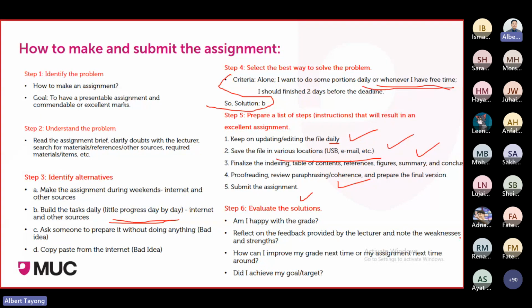USB, for example, it might become wet or it might be lost and you cannot retrieve the file. So when I was studying, usually I save my assignments in my email so I can easily access the assignment wherever I am.